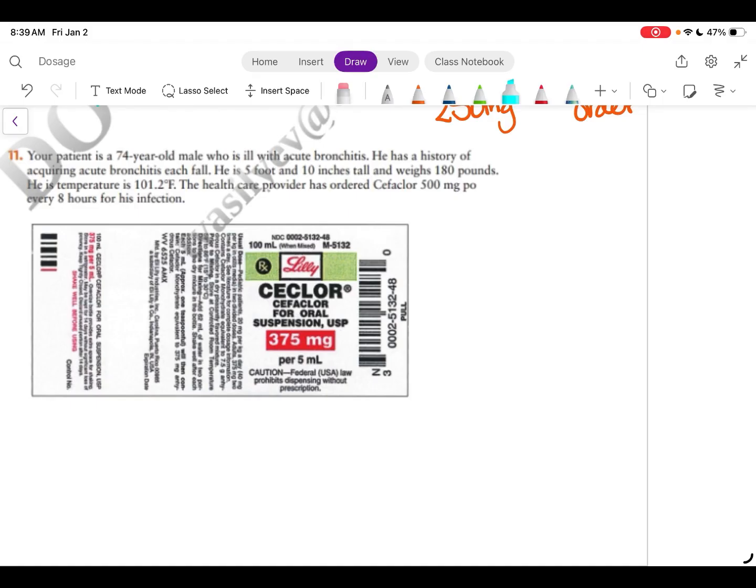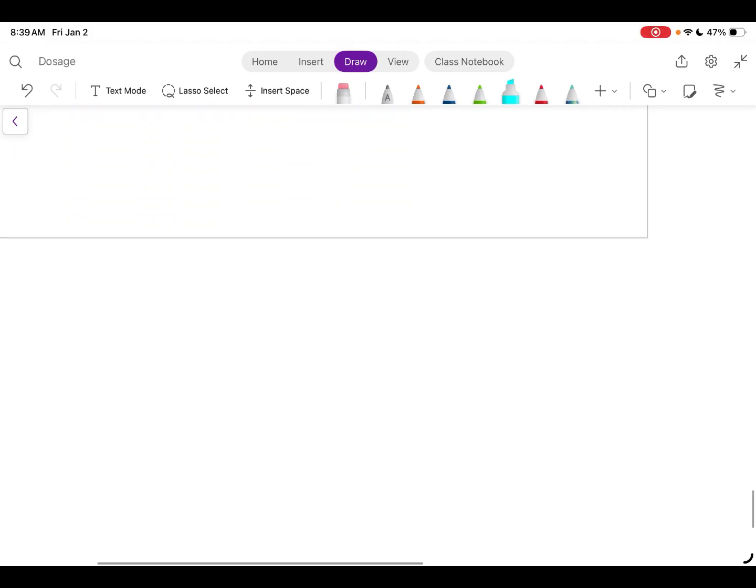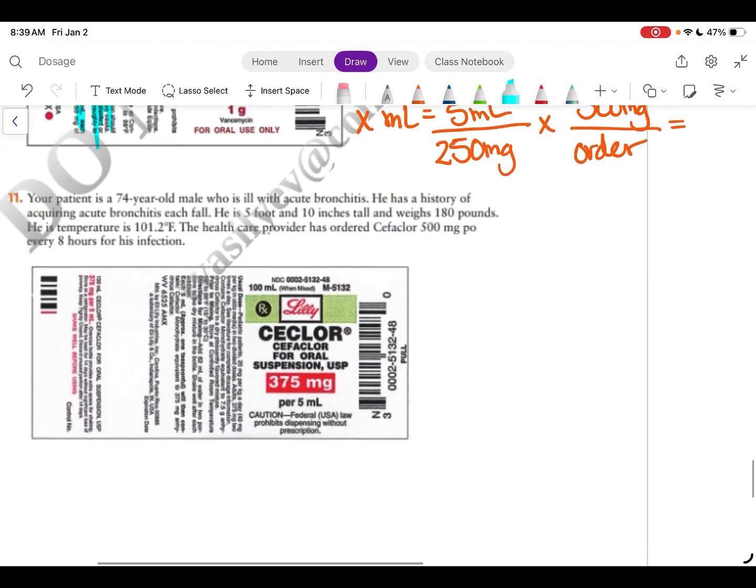He's 5 foot 10 inches tall, weighs 180. Okay, I'm actually not going to do number 11 because I don't ask questions like these on the test.